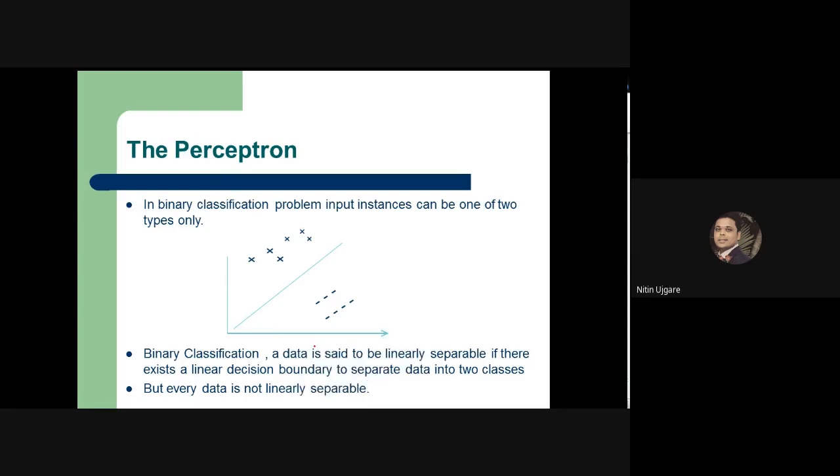You can see this decision boundary separates these instances into two classes. These instances belong to the negative class and these instances belong to the positive class. So we can say that these instances are linearly separable because we can have such a decision boundary which performs the correct classification of these instances into positive class and negative class.